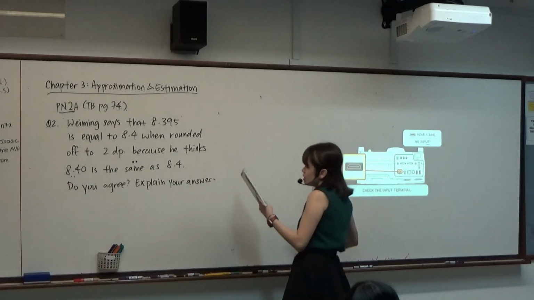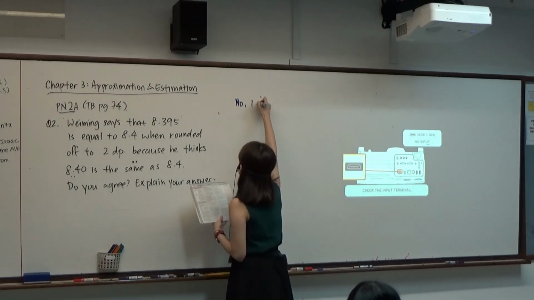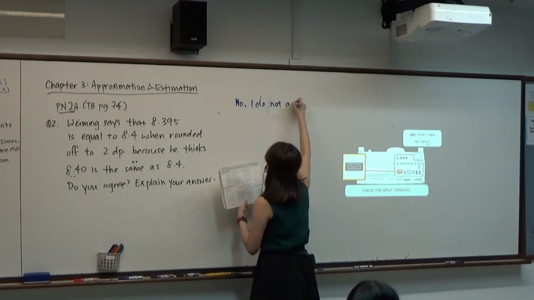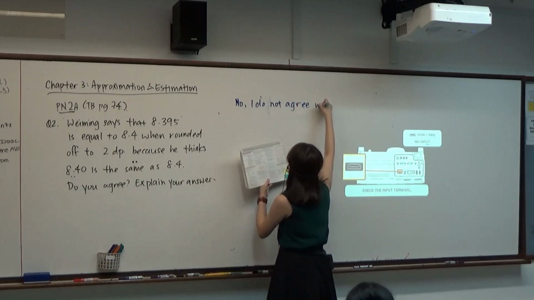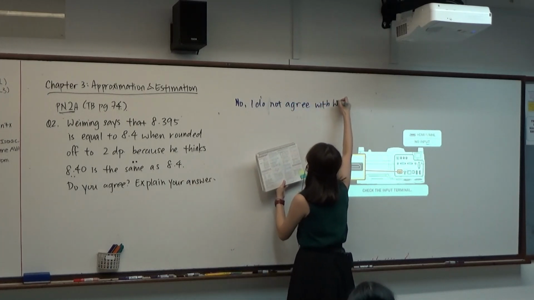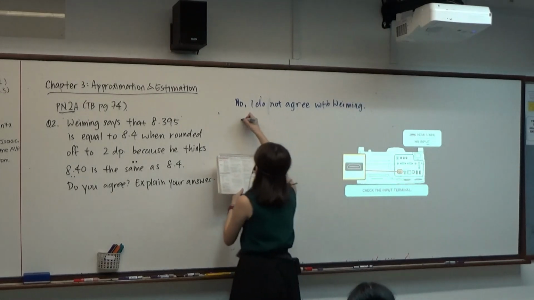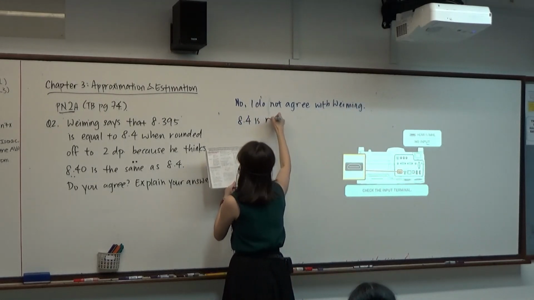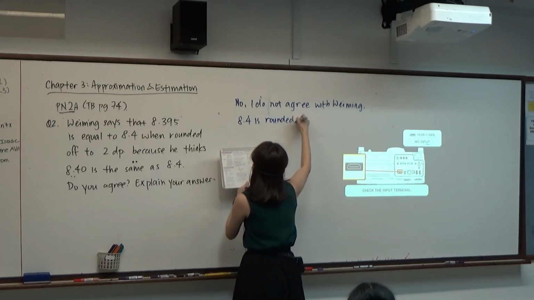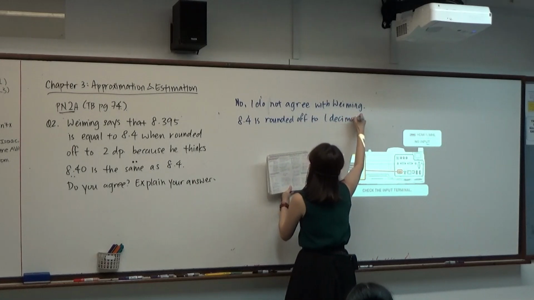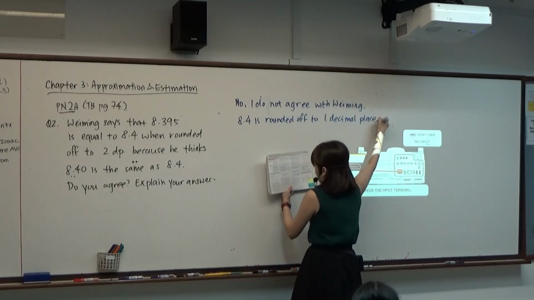So we first say that no, I do not agree. So 8.4 is rounded off to 1 decimal place. Please spell this out in full.